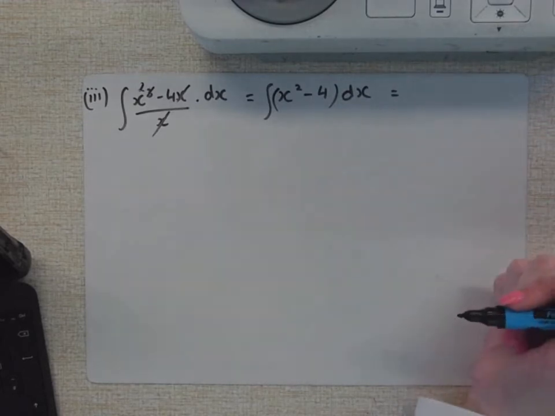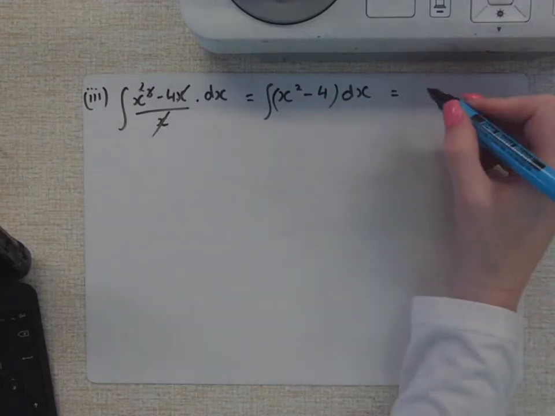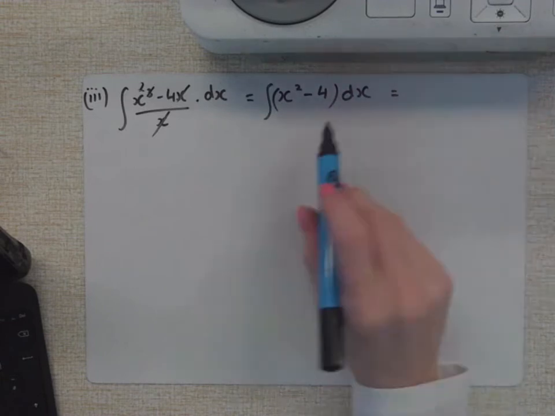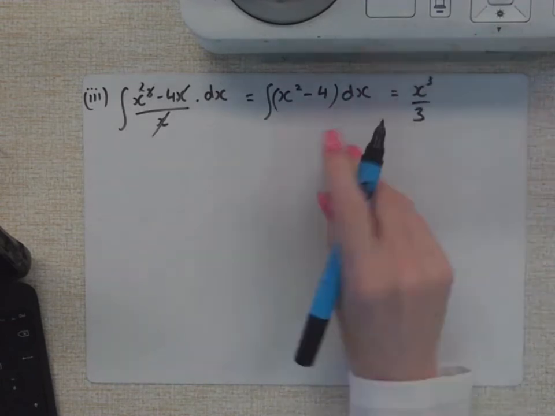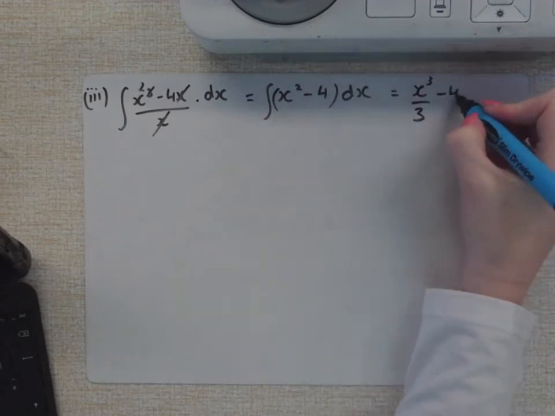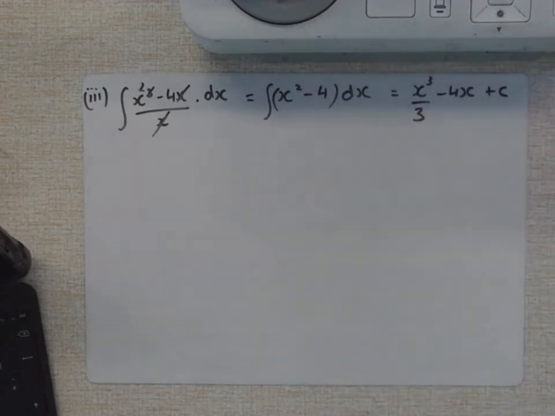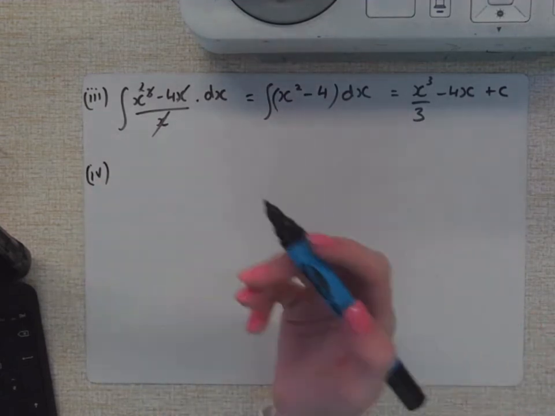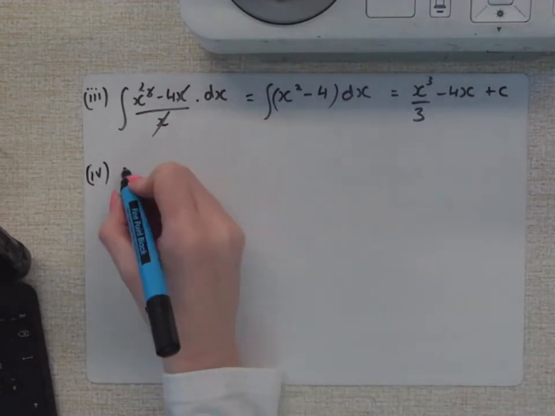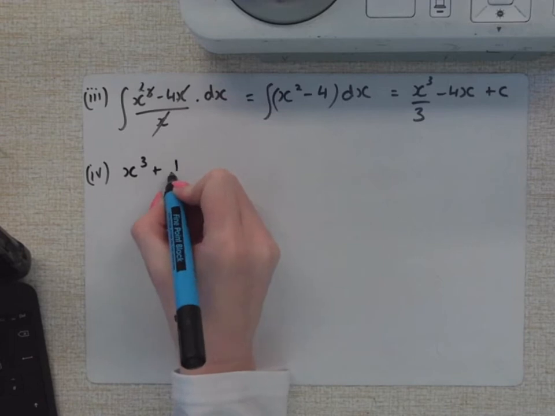And to integrate x squared minus 4, it becomes x cubed over 3 minus 4x plus c. Good. So that was nice and easy. The x is cancelled. But what if you have something like this?